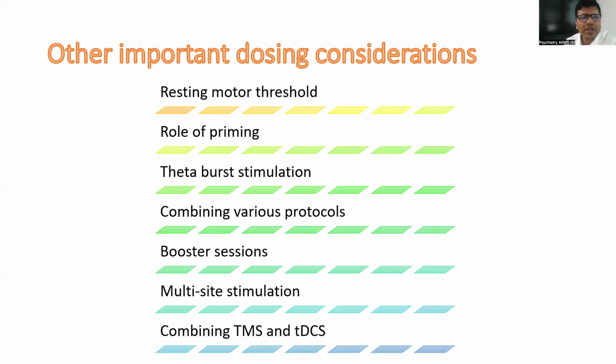When you are talking about setting a protocol, it is important to understand the resting motor threshold. Every individual has a different resting motor threshold. This is the threshold at which 50% of stimuli are responded to by the neurons.